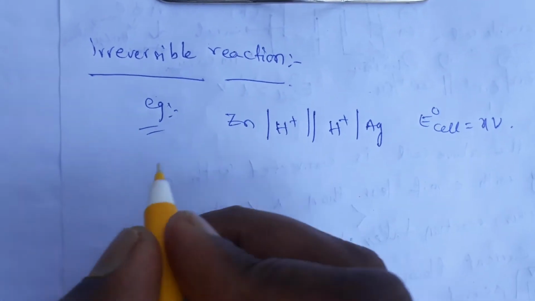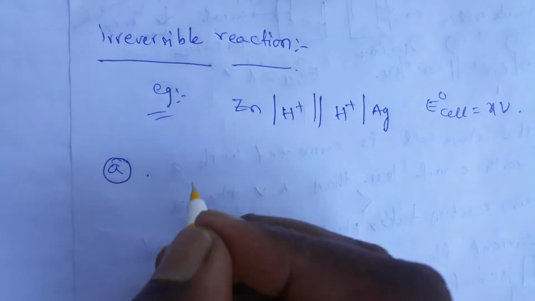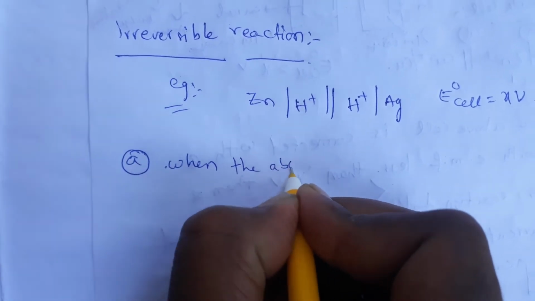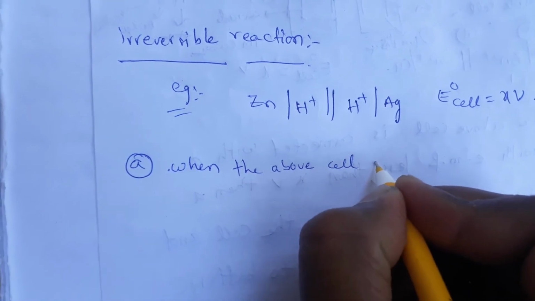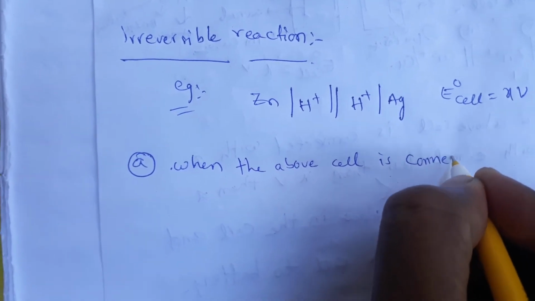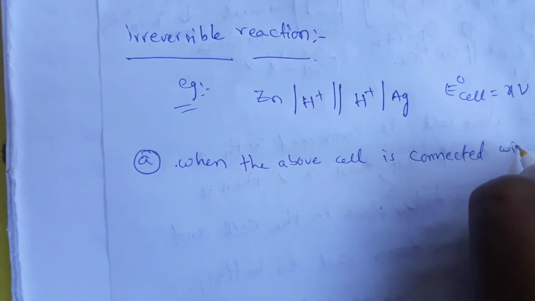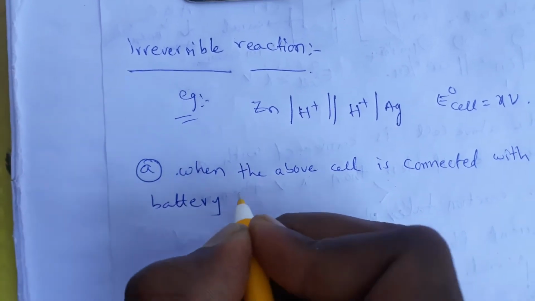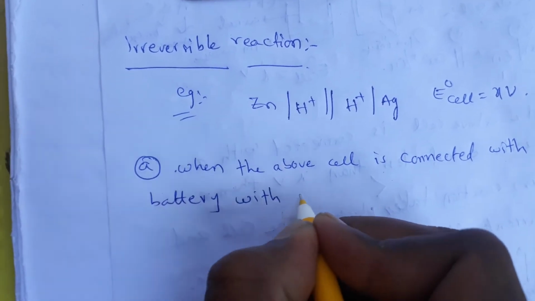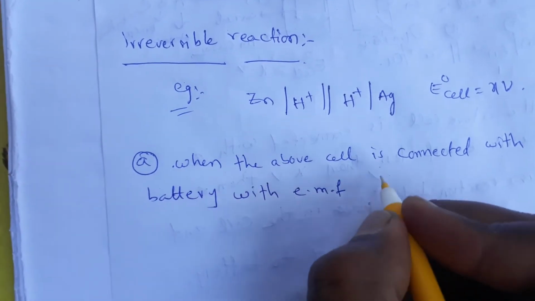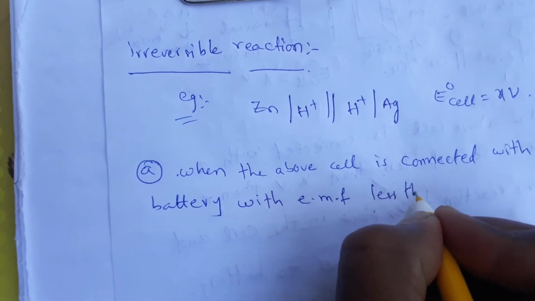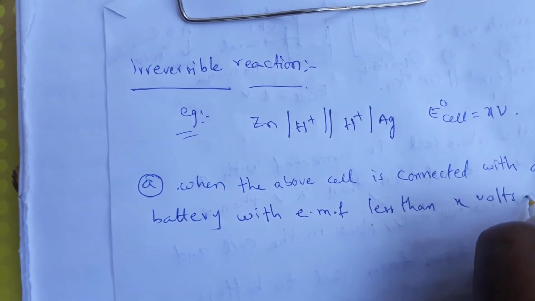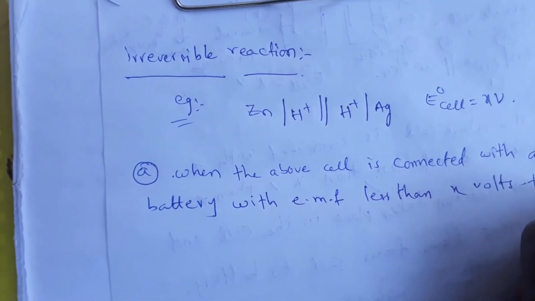That means if you take condition number A, when the above cell is connected with a battery with EMF, electromotive force, less than X volts, then a spontaneous reaction will occur.